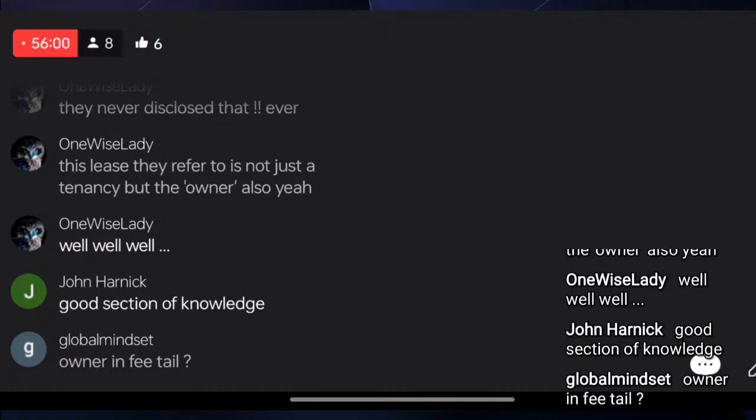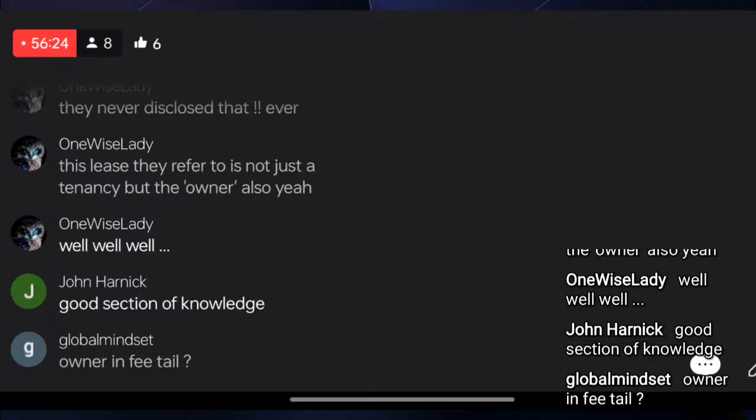Owner in fee tail means an owner. So let's just say, the owner in fee simple is considered the head or the feud, the one with head rights, the one with livery in possession. So that's the one that has the supposedly higher title, 9/10 title.